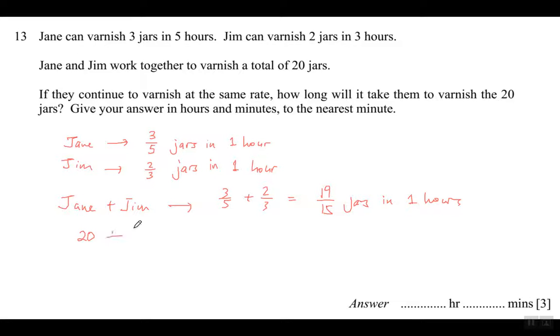Okay, so to get 20 jars done, right? Just have to find out this thing. So 20 times 15 over 19. So you get 15 and 15 over 19.